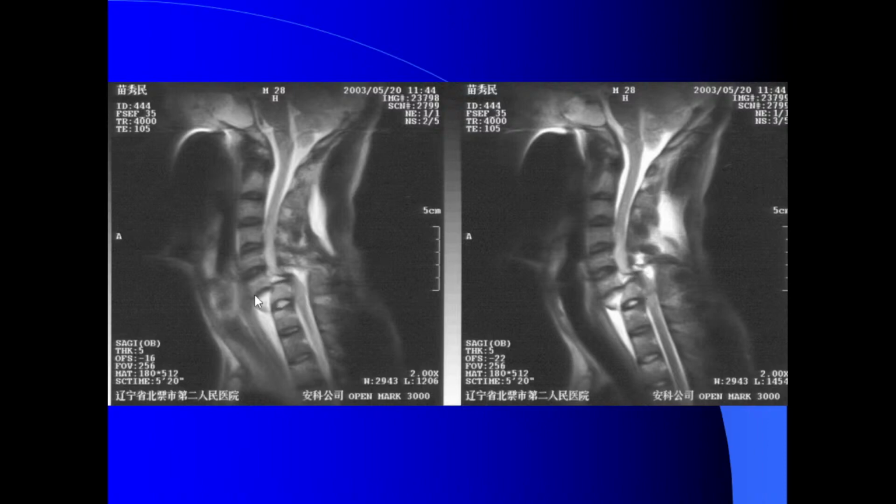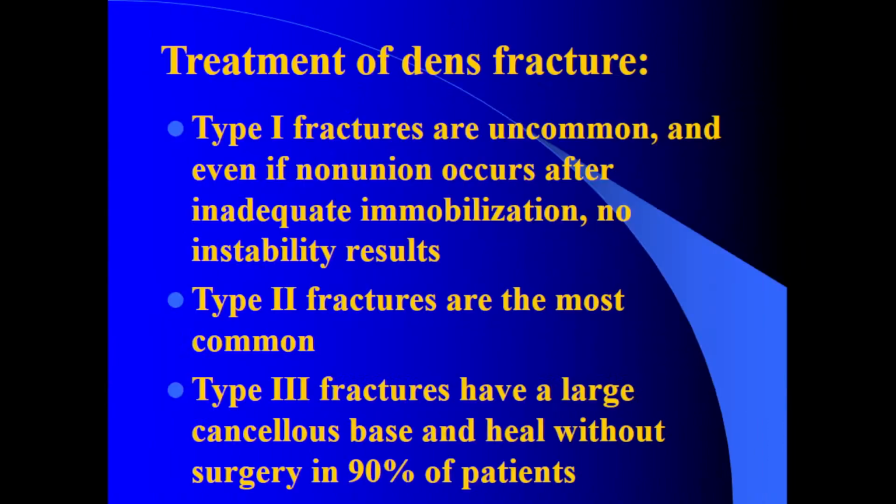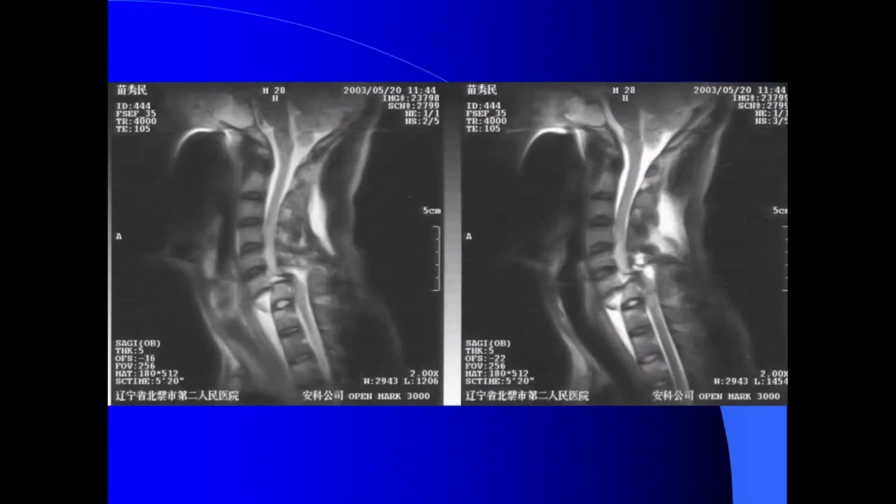So it is almost ptosis. Ptosis is a condition when the vertebrae above just go down along the distal vertebra, and you understand what will happen with the spinal cord in that situation. So in that situation, what can you do?